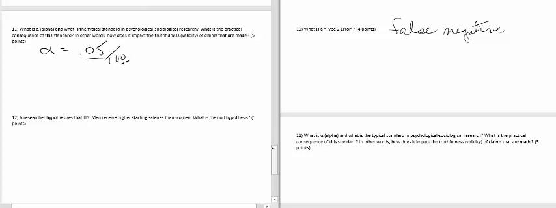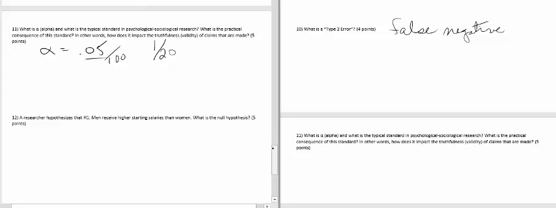So 5 out of 100 is 1 out of 20, so it means 1 out of 20 times we're accepting something to be true that is not true. So does that bother us? Well, no, I don't think it bothers us so much, because after all, we are defining our error. So we know what our error is, and that's an important thing.